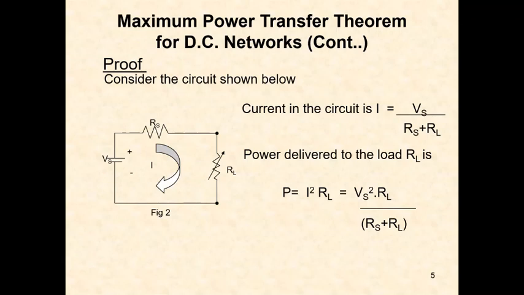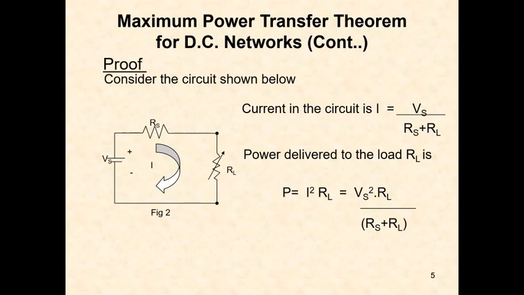So we know the equation of the power. Now what is our aim? To find out the maximum power. The power varies with the load. If the load keeps varying, the power delivered to the load also varies. So when is it maximum or minimum? How to find that out?